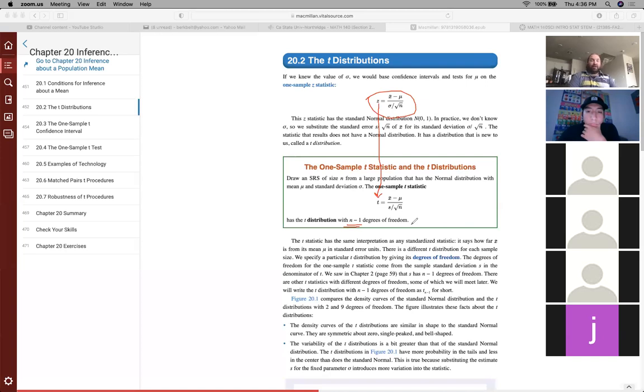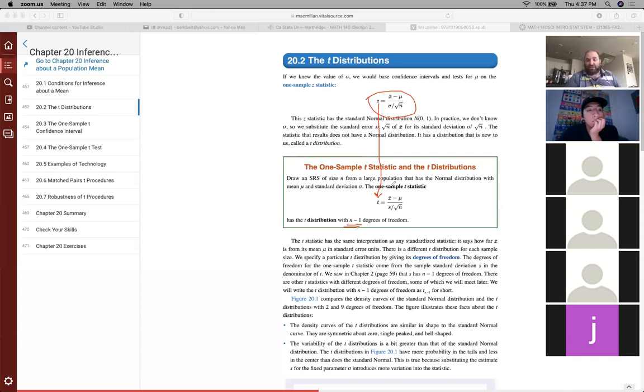Because even though we're using T instead of Z, we do expect that as the sample size gets larger, we are getting closer and closer and closer to a Z. If the sample size is really large, then the difference between T and Z is not so big. So every time you use T it always comes with a number of degrees of freedom.